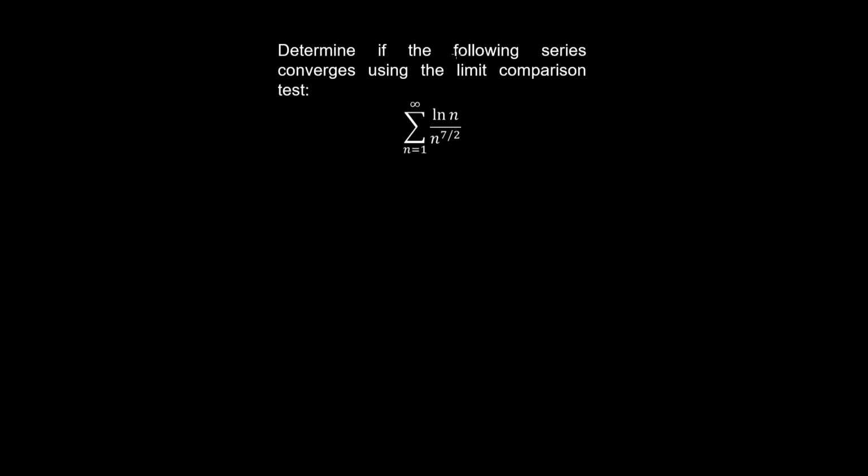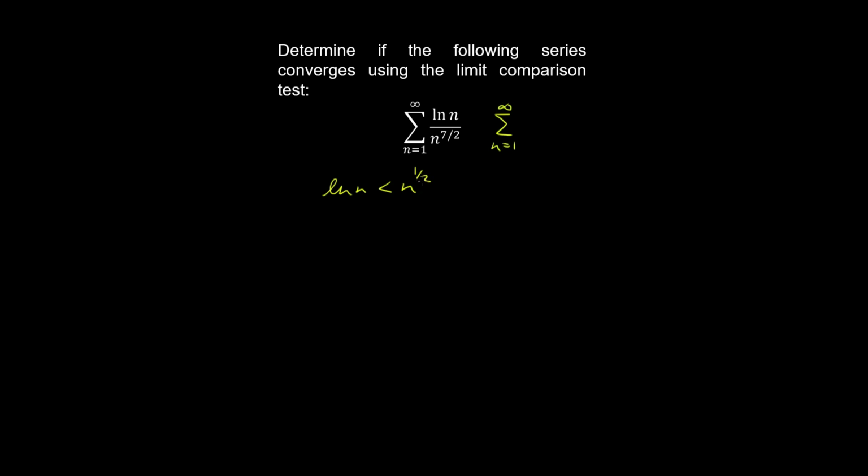Determine if the following series converges using the limit comparison test. Well, we know that the natural log is always less than n to a positive exponent as n goes to infinity. So we can conveniently choose the positive exponent of 1/2 and write the following series to compare against.